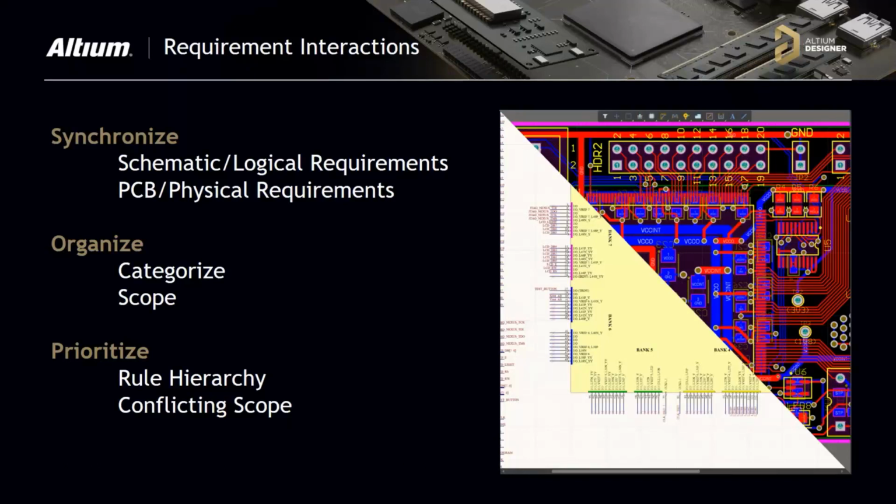You can prioritize them with the rule hierarchy, and overlapping rules and conflicting scopes will not give you the results. Just because you created a rule that is valid does not mean that it is right. We have to see if any conflict is happening while applying the rule. That also we have to cross check. We'll be discussing it during the demonstration.